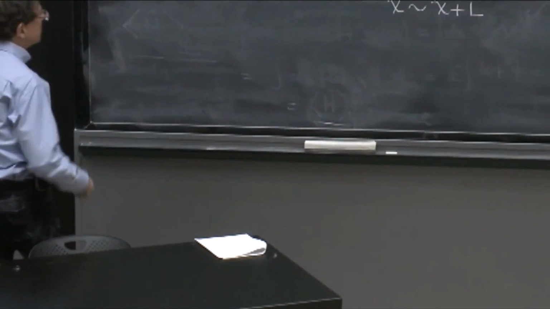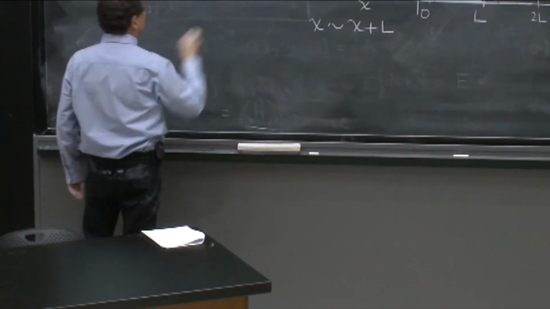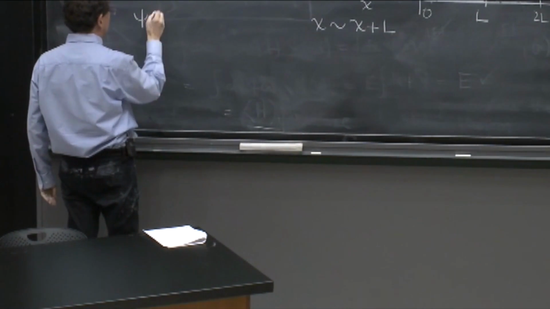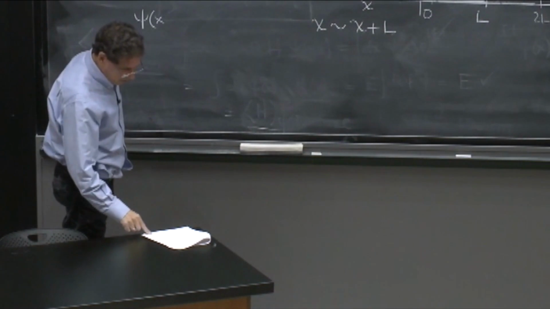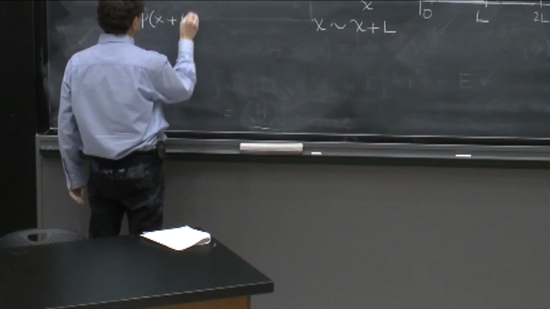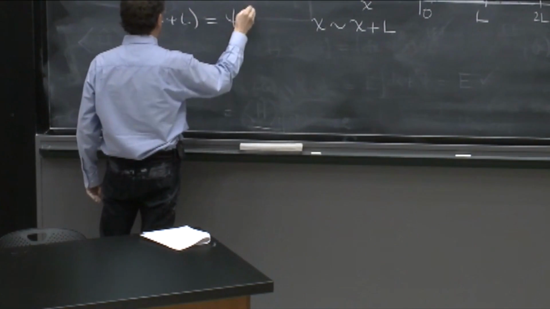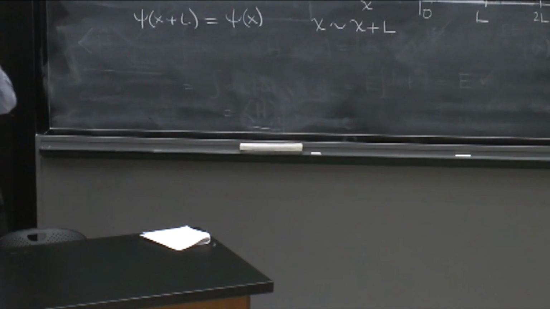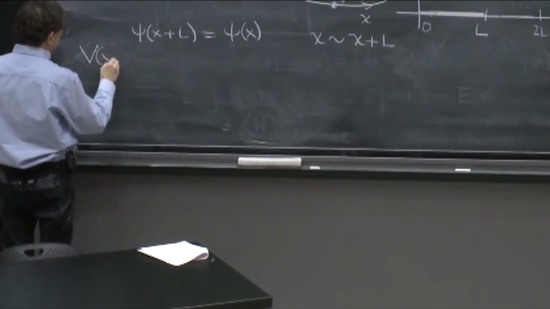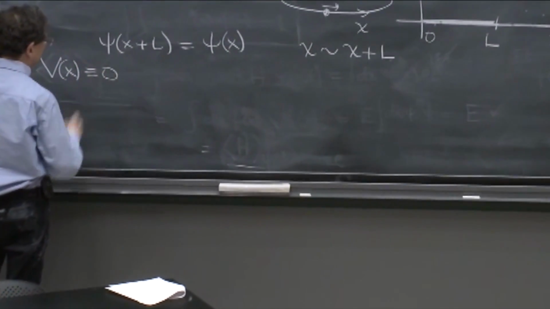So this implies that in order to solve wave functions in a circle, we'll have to put that psi of x plus L is equal to psi of x. These are the same points. And we'll have zero potential, V of x equals 0. We'll make life simple.